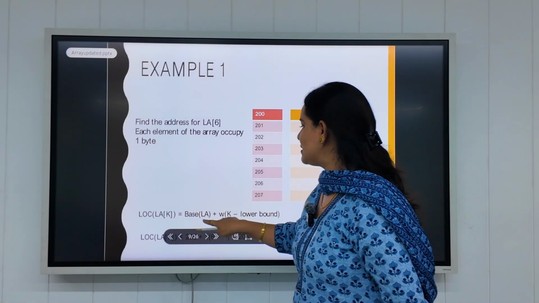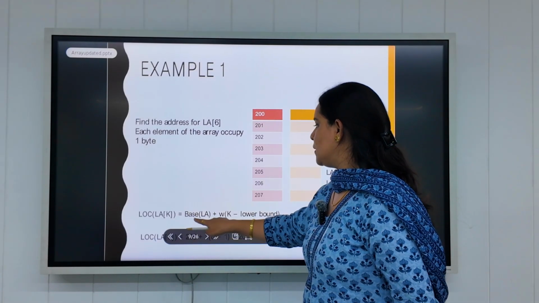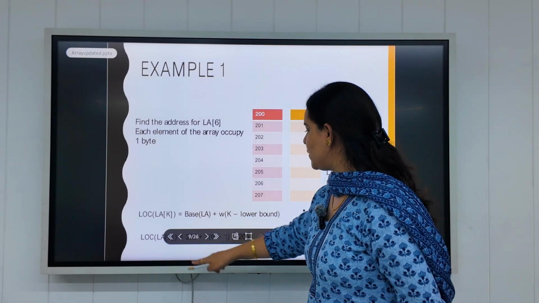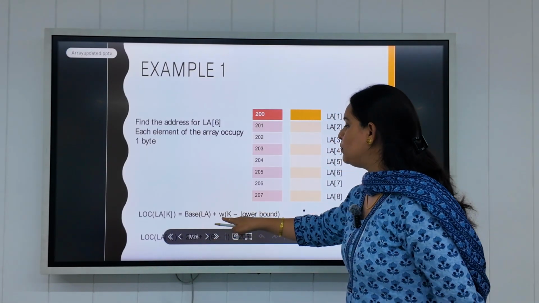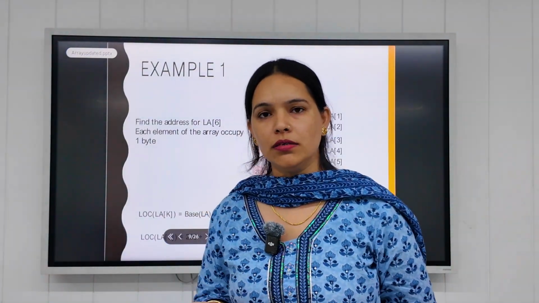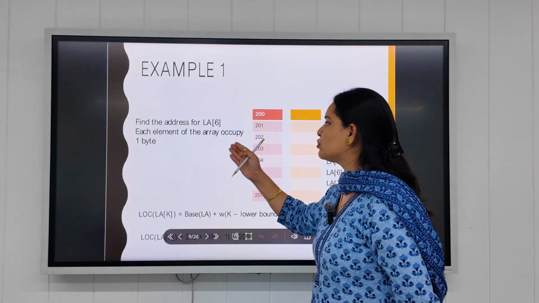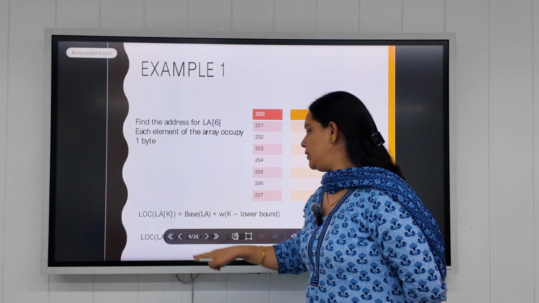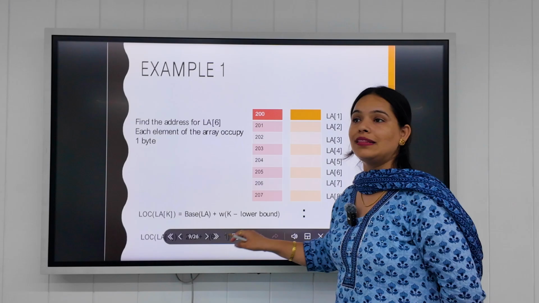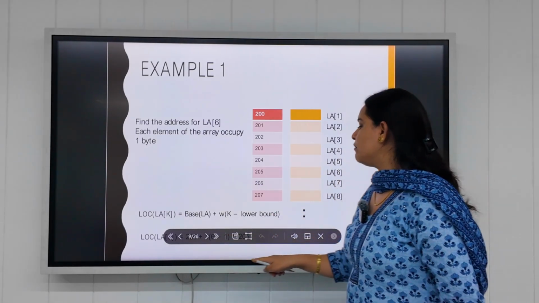So what our formula says is base address, which is 200, base address value plus W. W is what? W is the size of that data type. Suppose it is given in the question, it is 1 byte. So it will contain 1 byte, and then K. K is what? That specific location. And what about 1?